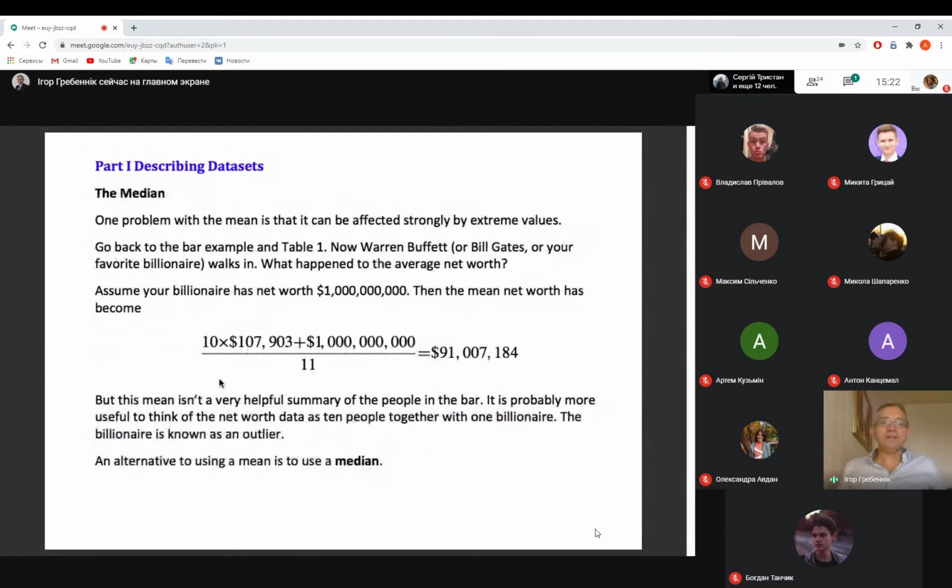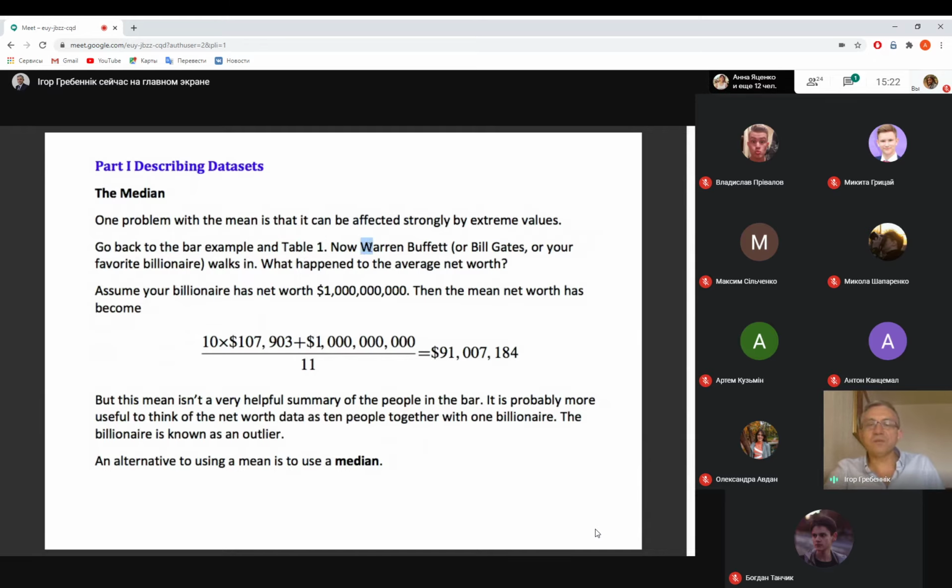One more very interesting and important characteristic of one-dimensional data sets is the median. The median. Let's go back to the example with bar visitors and net worth of them.